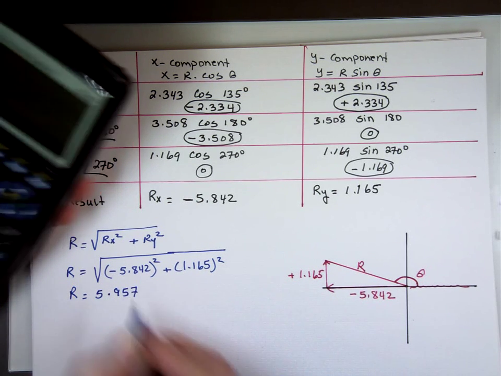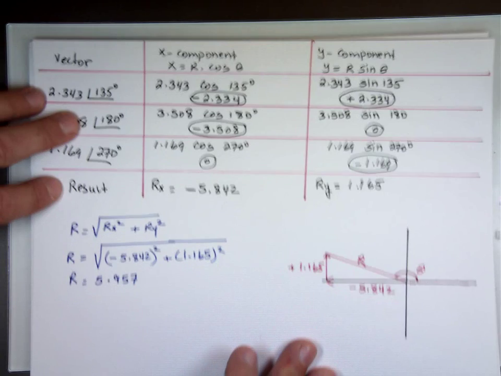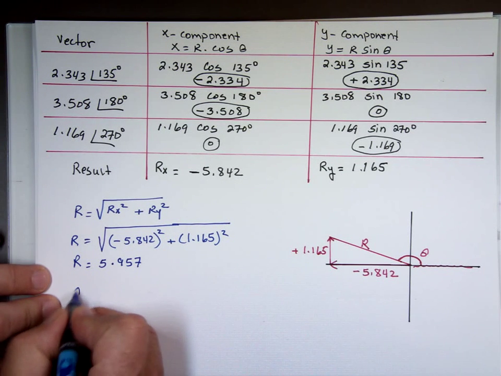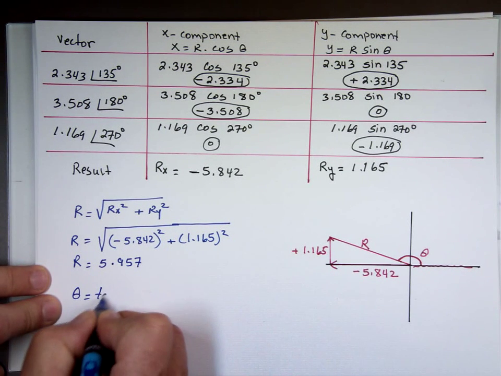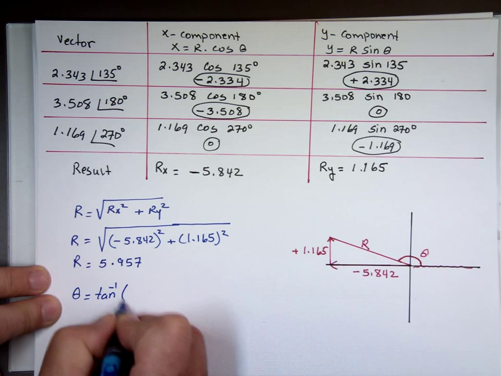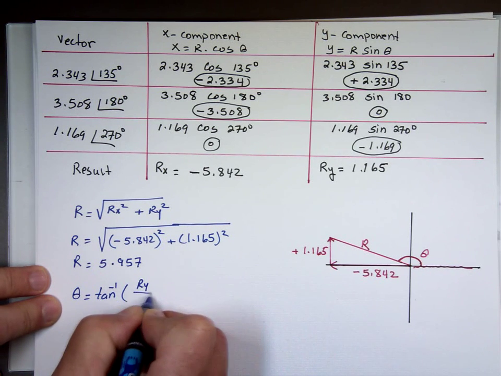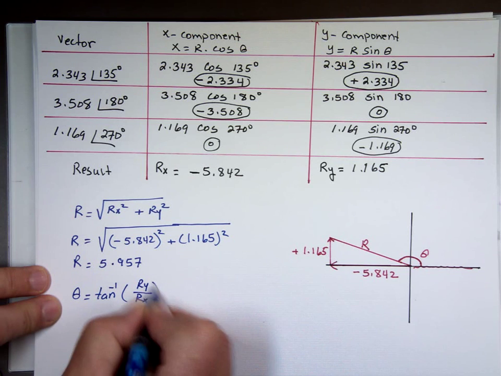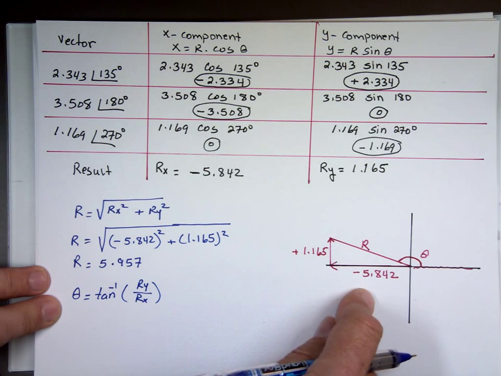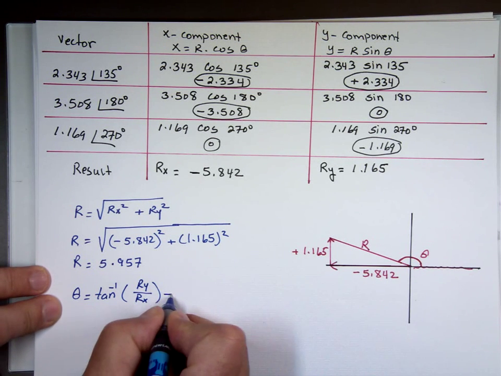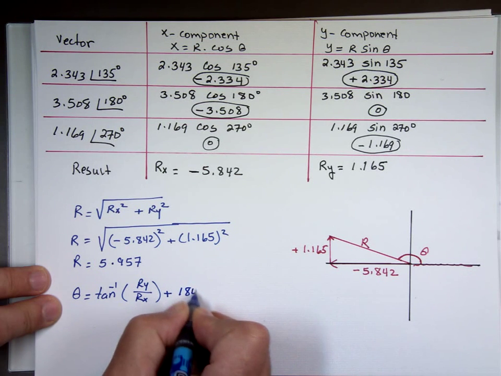And to get theta, that's the second part of the question, it's the inverse tangent of y over x. But if you're in the second or the third quadrant, the calculator will give you the wrong answer, so you have to add 180 degrees to your answer.